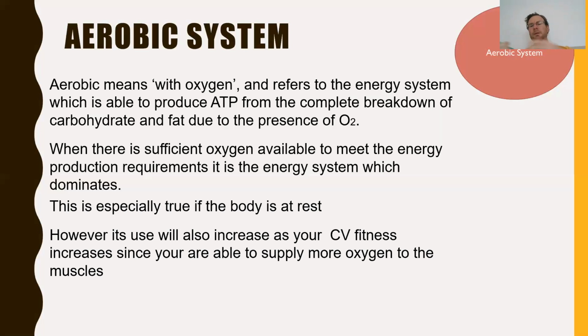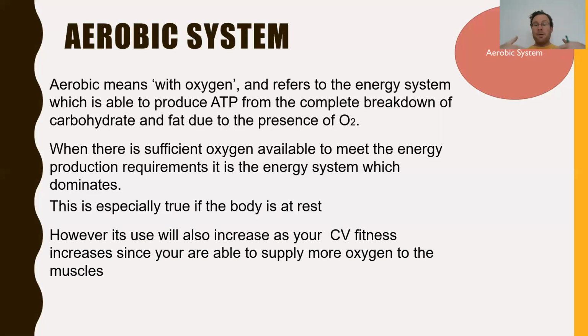So let's say I walk into town. That's very aerobic. I probably won't notice my breathing rate and depth increasing much. It's a very easy exercise for me. If town was up a 20% gradient and I needed to get there quickly, I'd start to notice my breathing rate getting much harder.